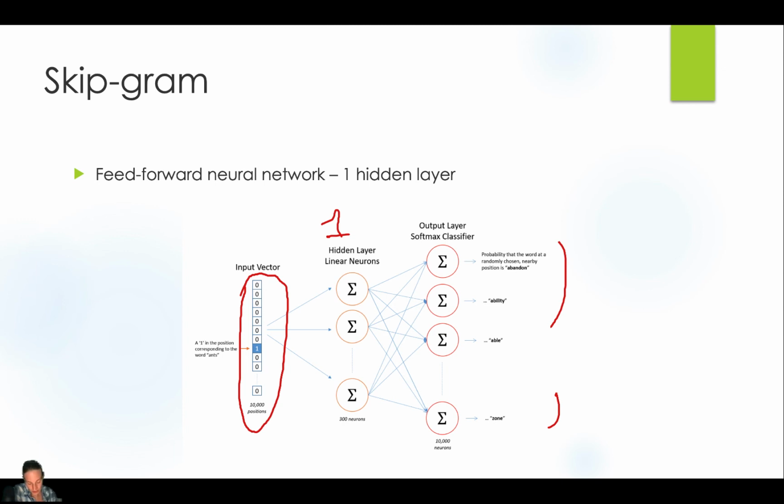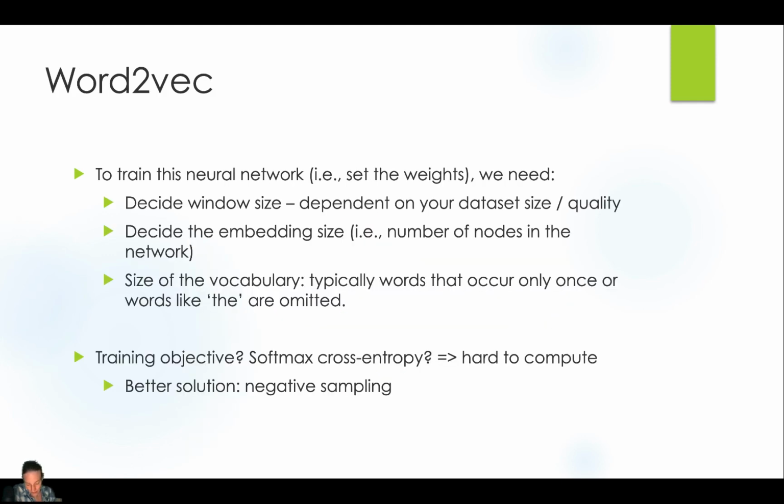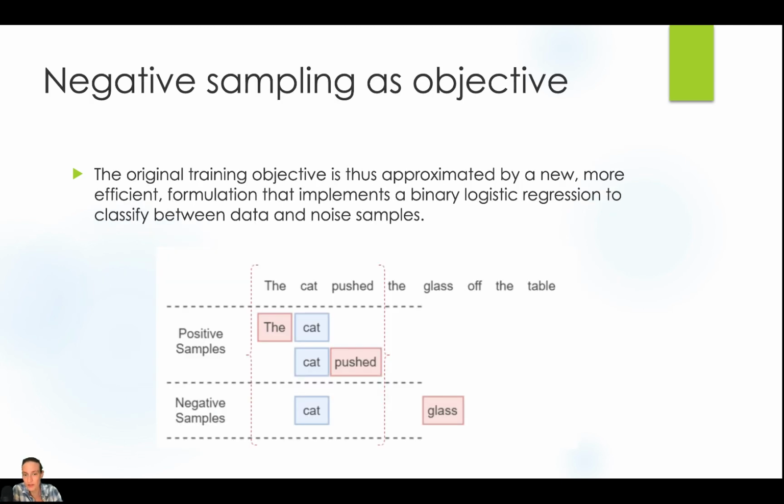Now what's interesting here is after we fit this model, after we train it, what we're interested in is this hidden layer. So it's actually a very quick and very simple model to learn. It's one layer. To train it, we use cross-entropy. However, it's quite hard to compute. Because this loss function is hard to calculate, we approximate it and we do negative sampling.